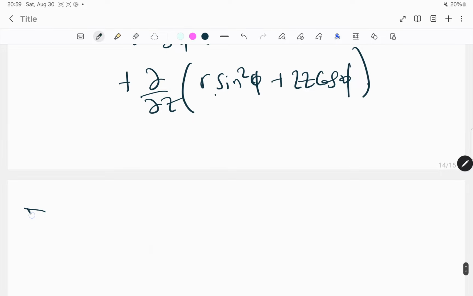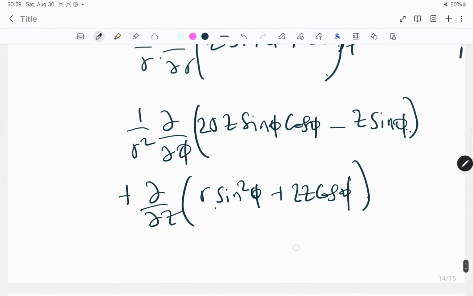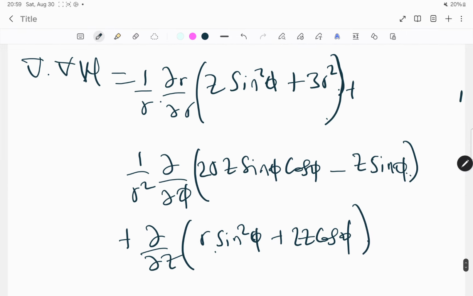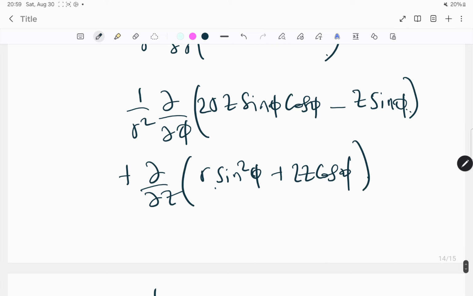So again, we have our Laplacian being equal to, I'll bring 1 over r. This time we differentiate with respect to r again. You can see here there's no r, so here will be 0. And I'm just going to have only this part.